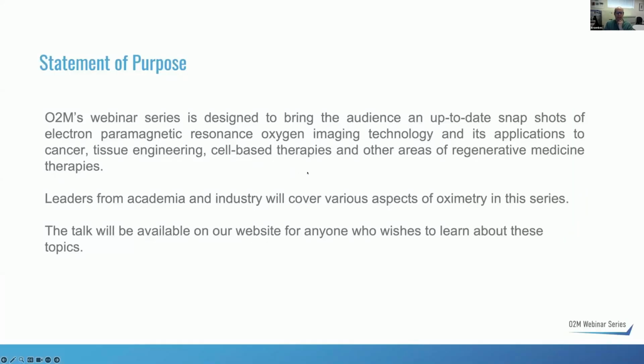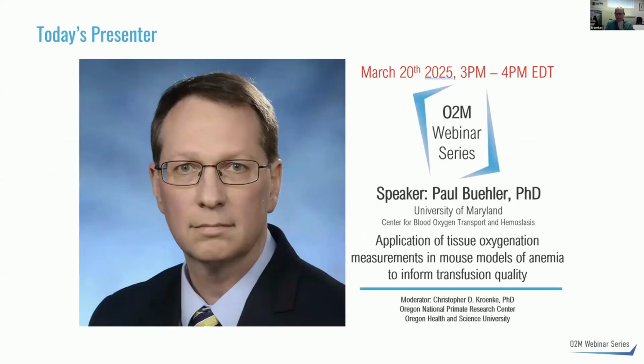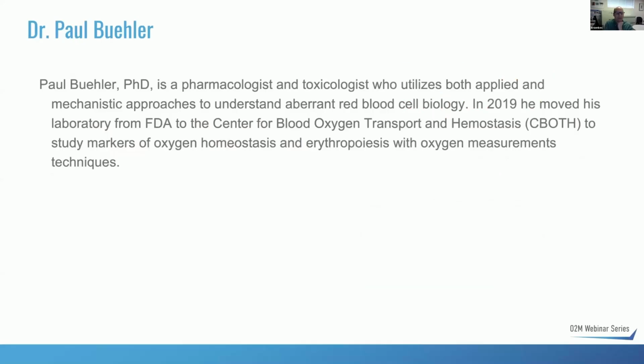This series is a combination of academics as well as industry, covering various topics in EPR imaging and oxygen detection in tissue. And today I'm looking forward to hearing Professor Buehler present to us applications of tissue oxygenation measurements in mouse models of anemia to inform transfusion quality.